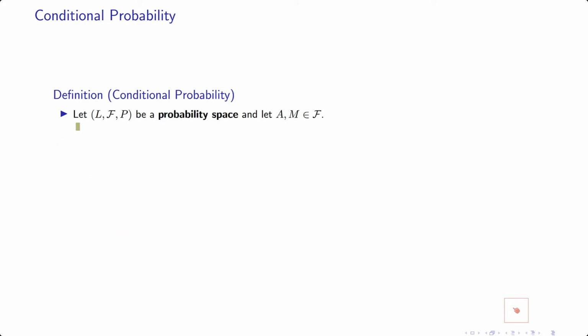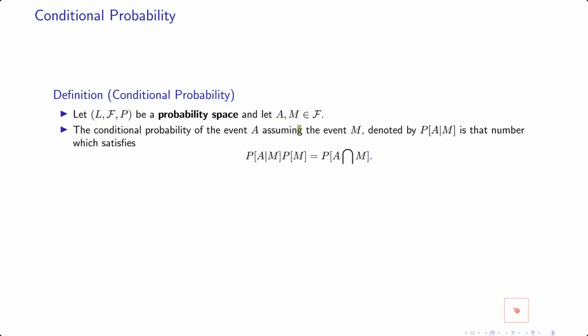So suppose that we have a probability space which is a triplet, and then we have two events. Now the conditional probability of the event A, assuming the event M, is denoted by a new probability.